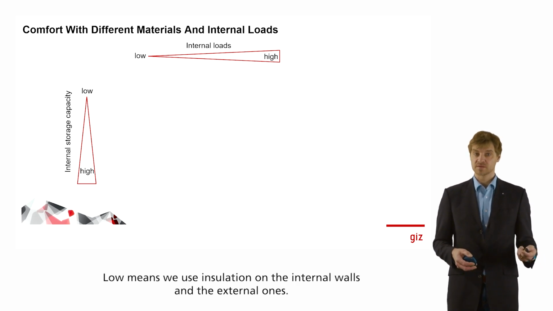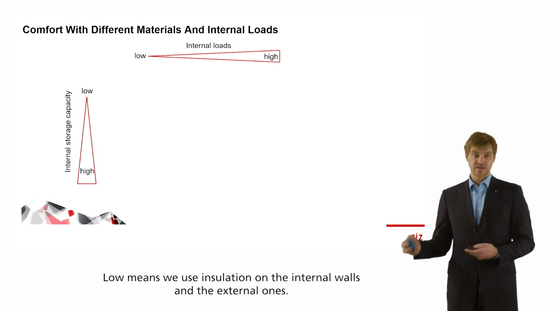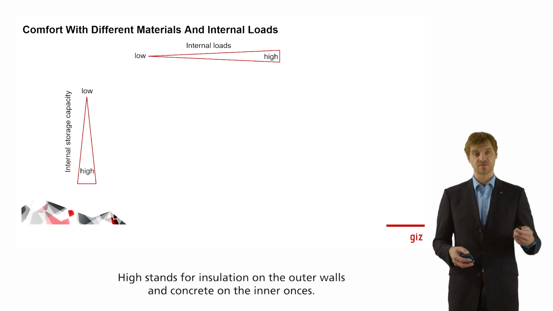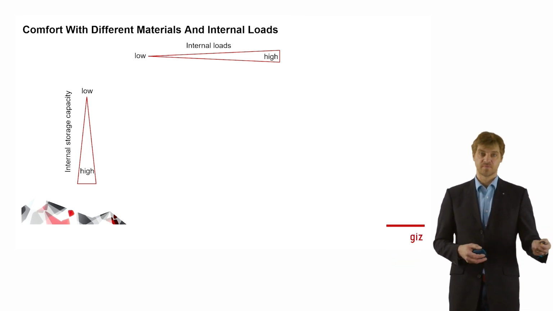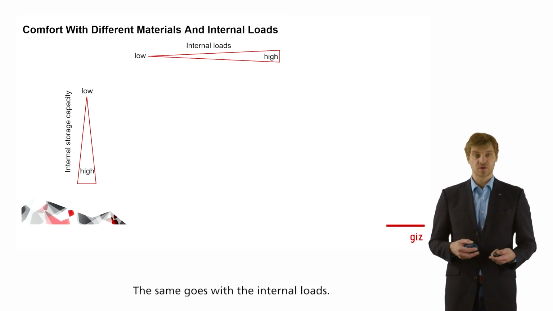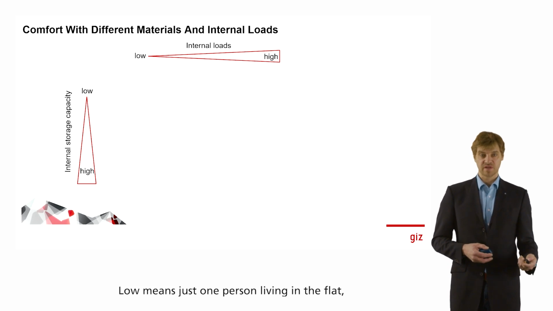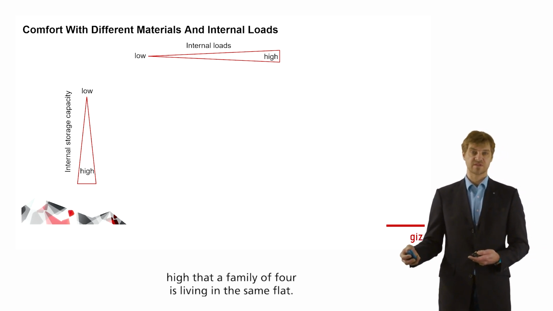Low means we use insulation on the internal walls and the external ones. High stands for insulation on the outer walls and concrete on the inner ones. The same goes with the internal loads. Low means just one person living in the flat. High, that a family of 4 is living in the same flat.